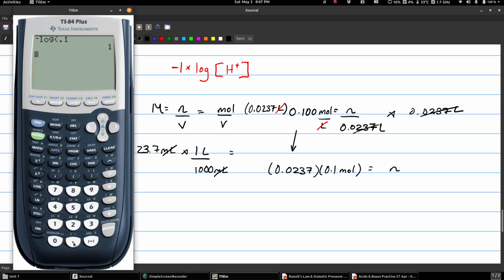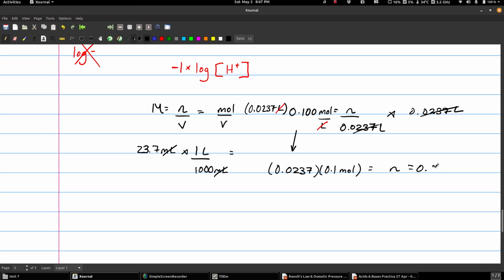But I'm going to just verify in the calculator. Sometimes my mental math is not that good. Alright, so N is equal to 0.00237 moles, and that's H2SO4 for sulfuric acid.